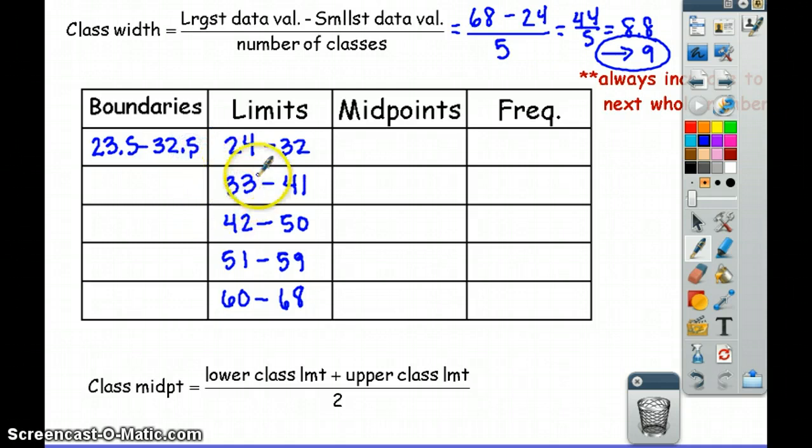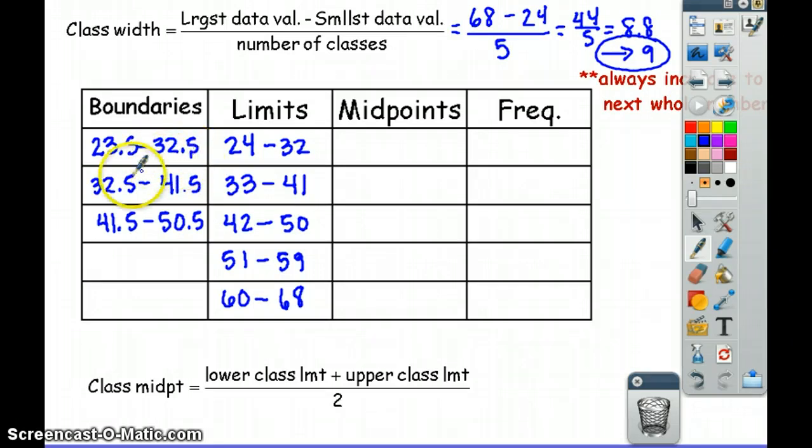I'm going to go a half less than this, 32 and a half, and a half more than the 41, 41 and a half, a half less than 42, a half more than 50. And you can see what I'm doing is I'm eliminating the gaps.